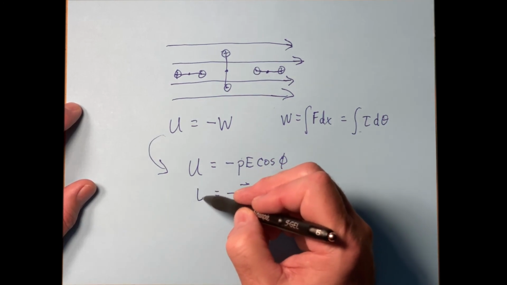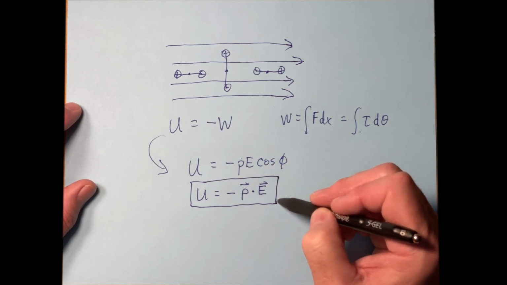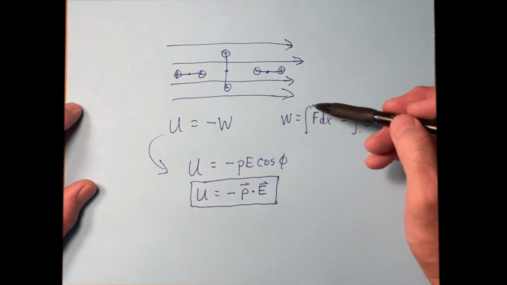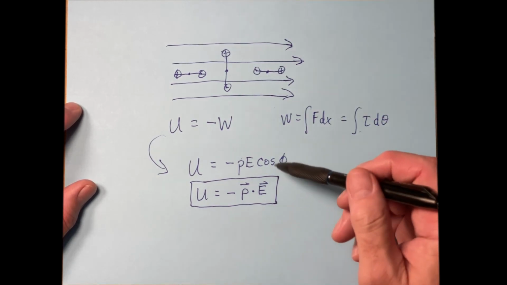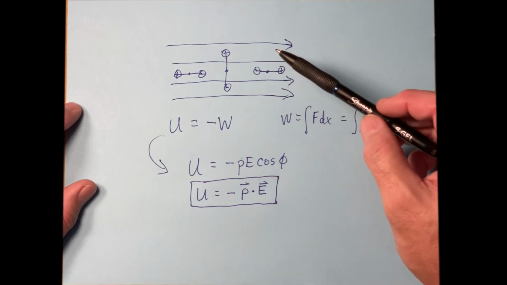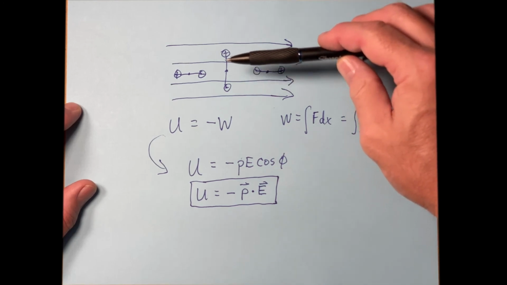So now we have an equation for the potential energy that is stored in the dipole in this external electric field. Since that cosine term stays there, the amount of stored energy is related to this position.